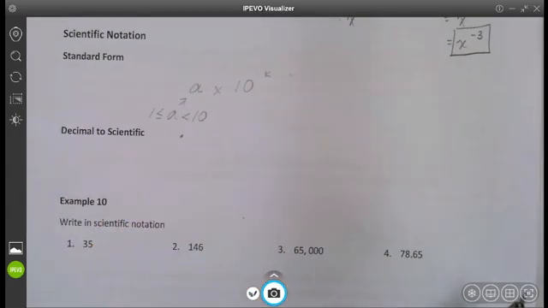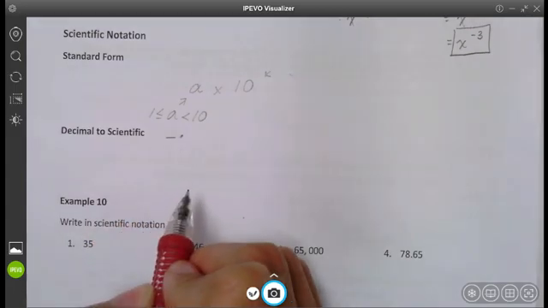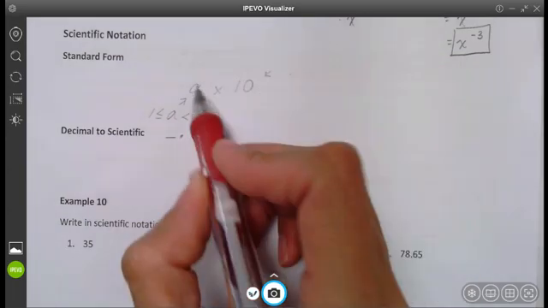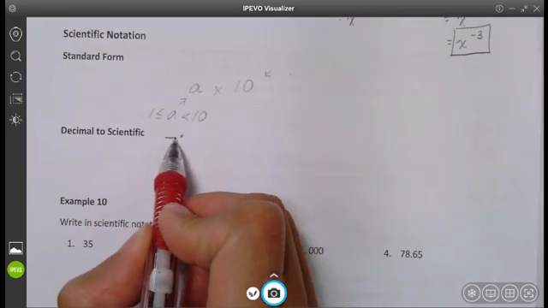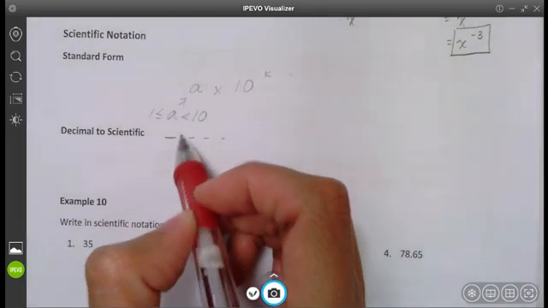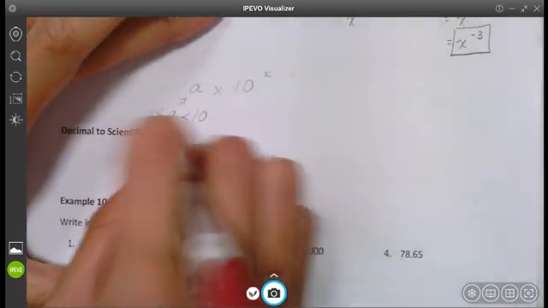Decimal meaning point something something, which is different than the Italian way of writing it, so we're talking about the American way to write it. We need to just have one digit in front of here. That is our goal. That's what this range means, is that A needs to just have one digit in front, and then you can have as many digits as you want behind. But it just means that there's only one number in front of the decimal.